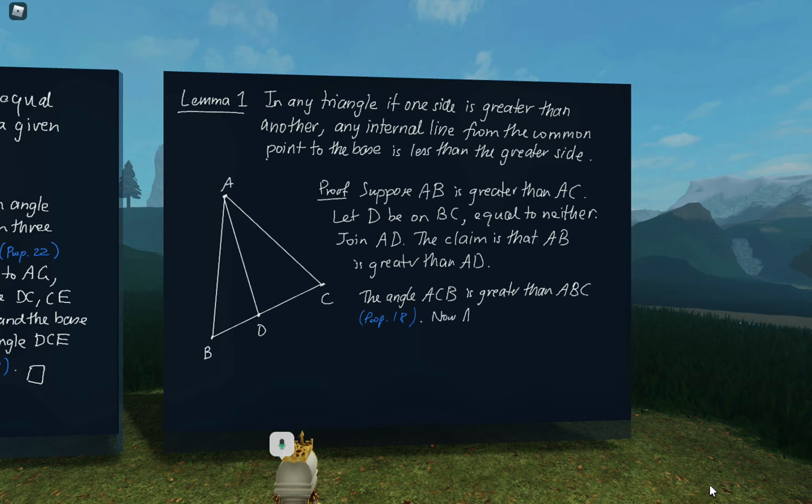Now, ADB is greater than ACB. That's by proposition 16. That's the external angle business, right? That's right, exactly. So the external angle on a triangle is greater, so this angle here, ADB, is greater than both of these two. In particular, it's greater than this one, but I just showed that one is greater than that one. So that means that is greater than that.